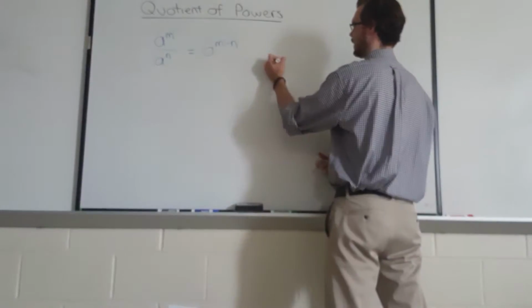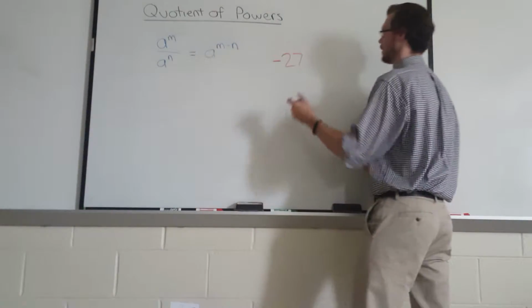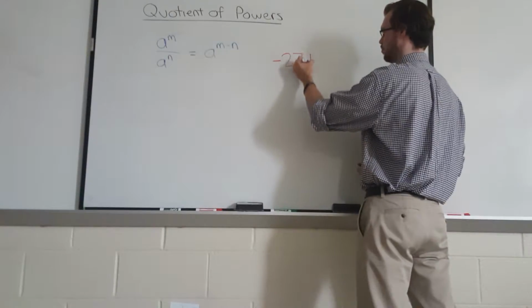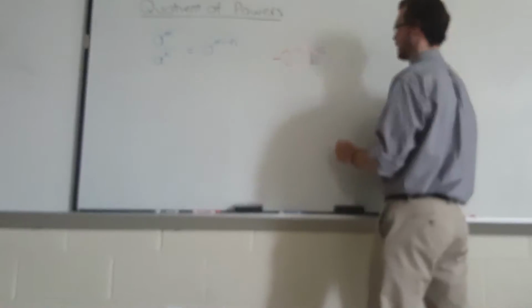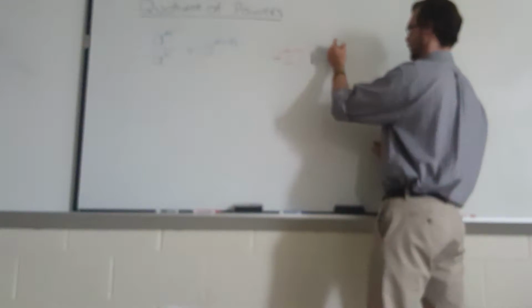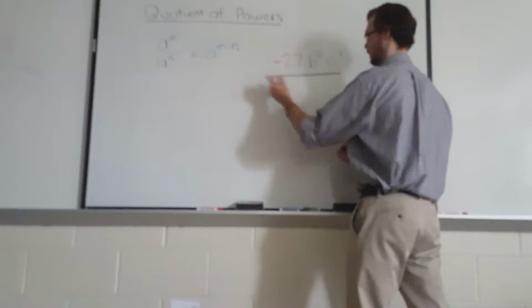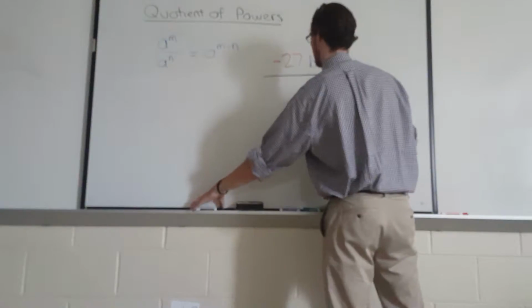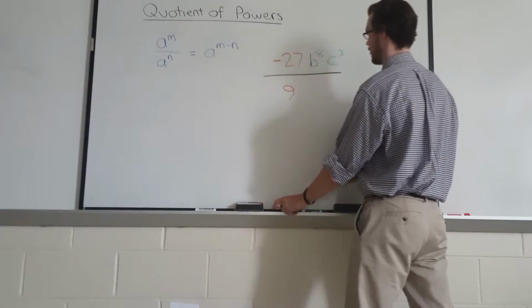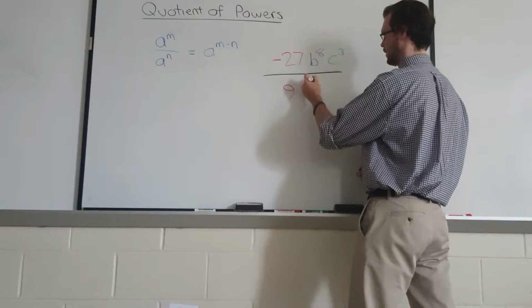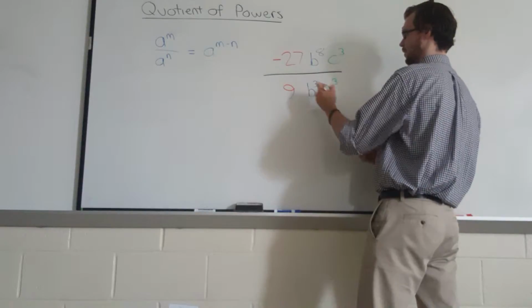Let's go. Negative 27 b to the 8th c to the 3rd over 9 b to the 3rd c to the 3rd.